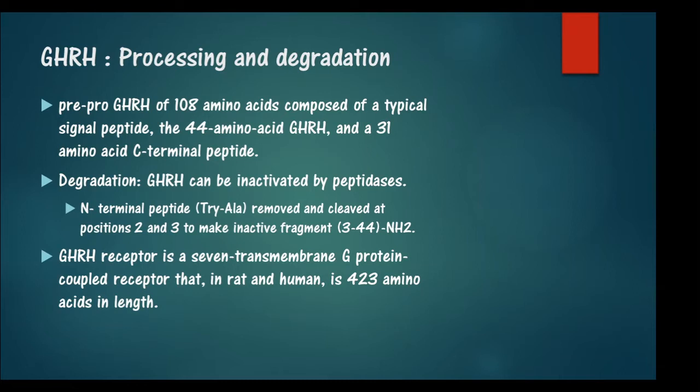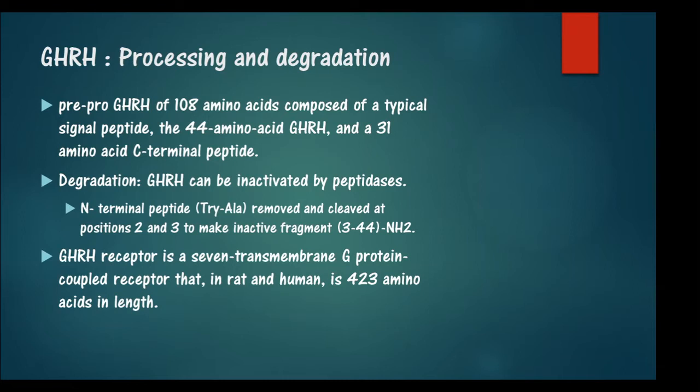So regarding processing and degradation, the pre-pro GHRH is a 108 amino acid long peptide, which consists of a typical signal peptide, a 44 amino acid GHRH region, and a 31 amino acid C-terminal peptide. The pre and the pro portions have to be removed for the active hormone.